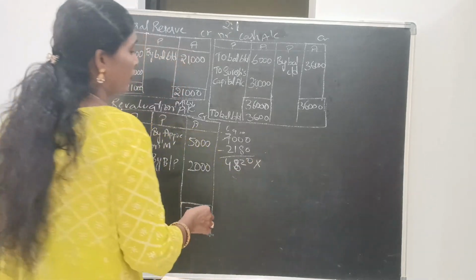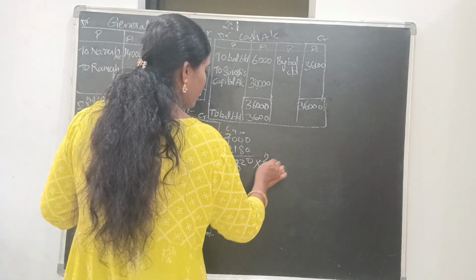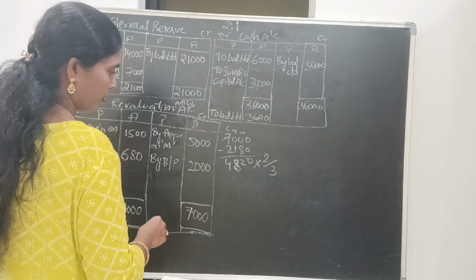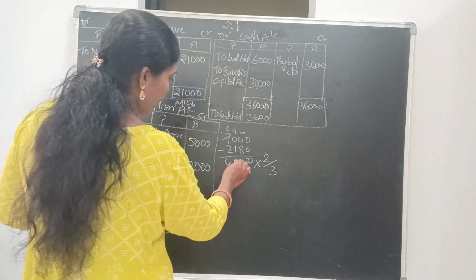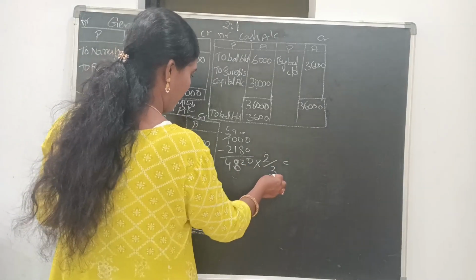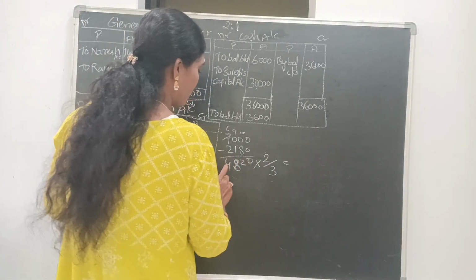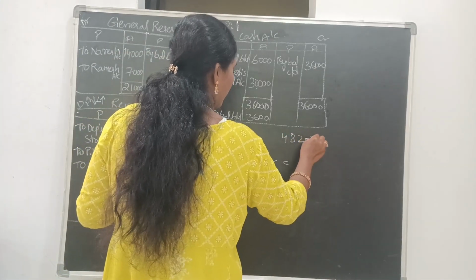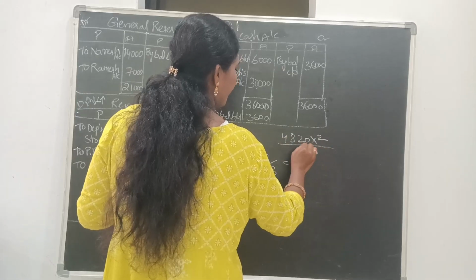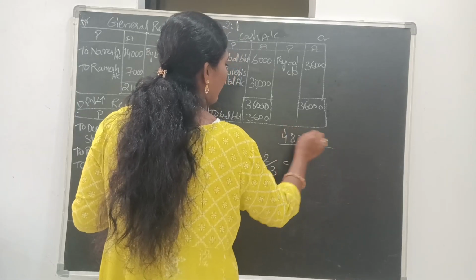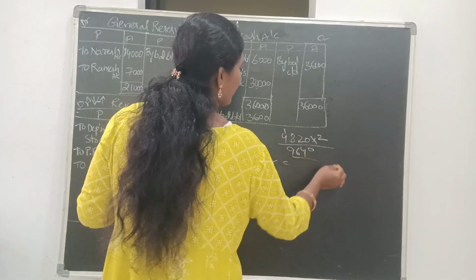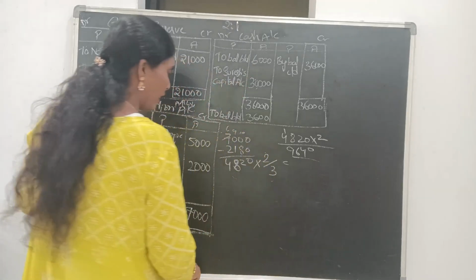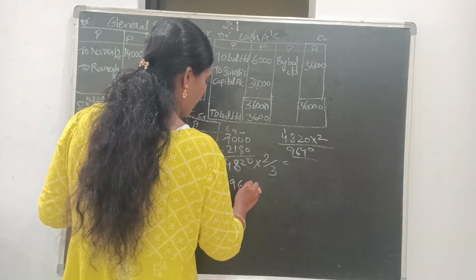So in the ratio of 2 by 3. First we'll multiply these two. 4820 into 2, 9640.